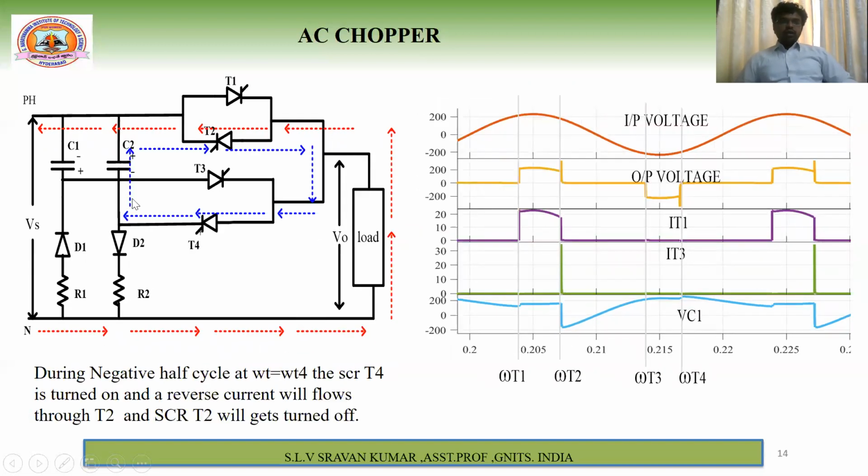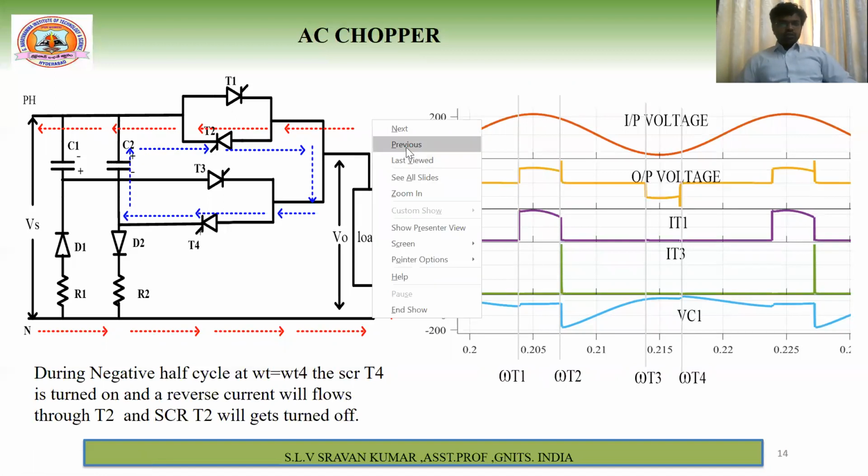So if you observe here, at this instant the capacitor will discharge its energy like this. And as I said, if this capacitor current is more than that of your load current, then immediately T2 will be turned off, same as that of T1. Okay, so this is about this one.